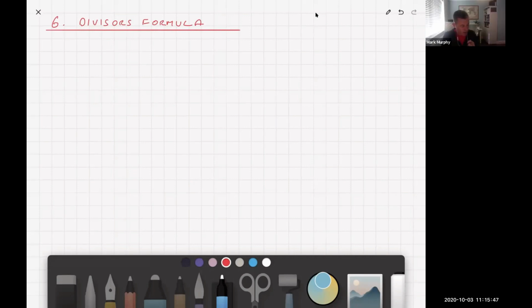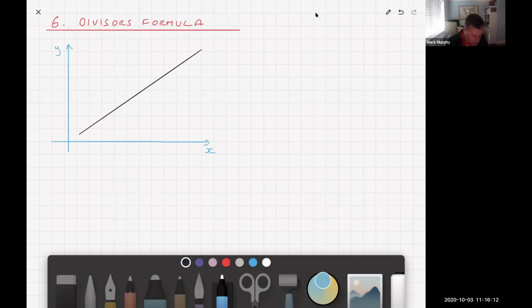Thanks, Eamon. Okay, so the last two sections. 6 is the divisors formula. I'll show the x and y coordinate axes, the x-axis a bit longer. It's x, that's y. What we're asked to do here is draw a line first of all, dividing the line up, and we're asking for the coordinates of the point that divides it.